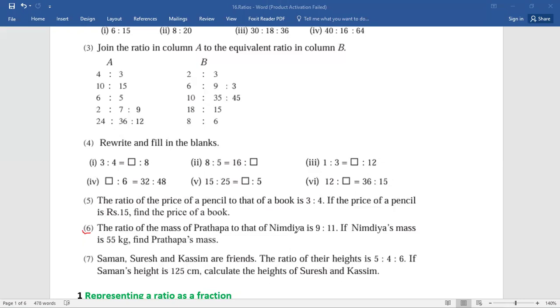So the height of Suresh is 100 centimeters, and the height of Kasim is 150 centimeters.